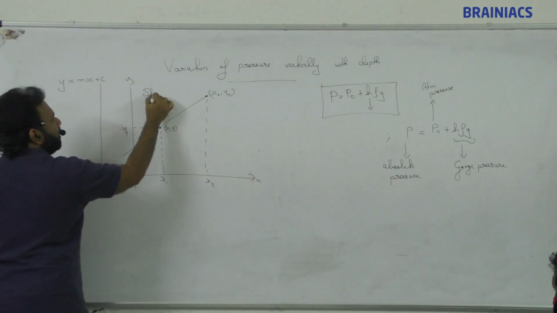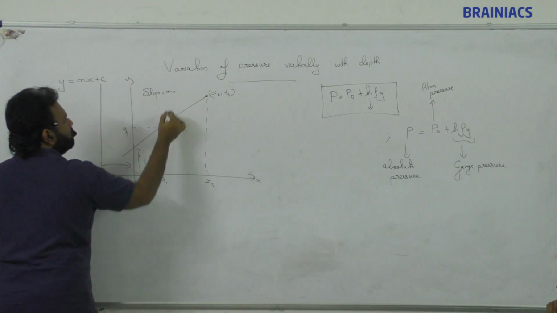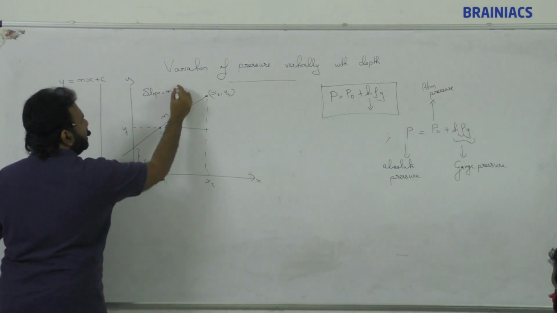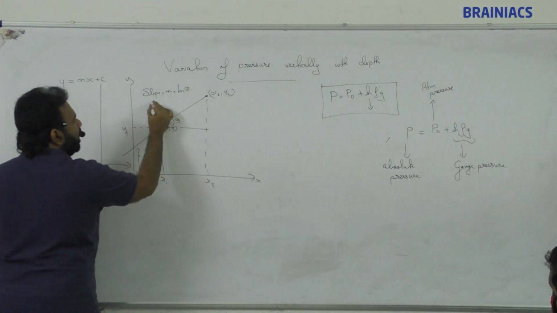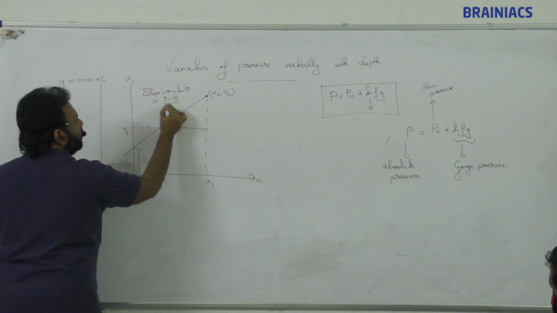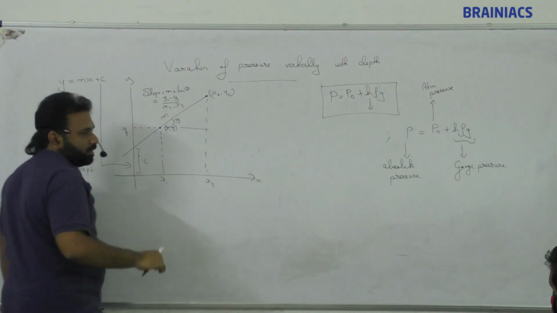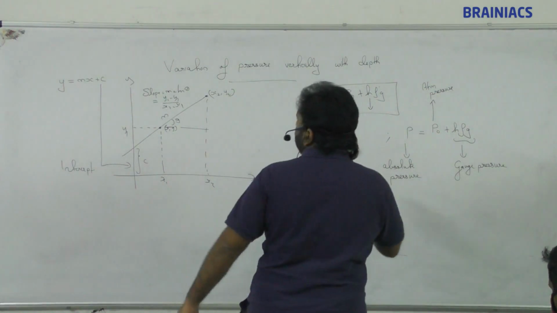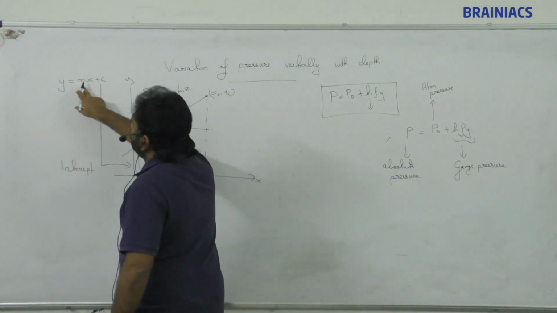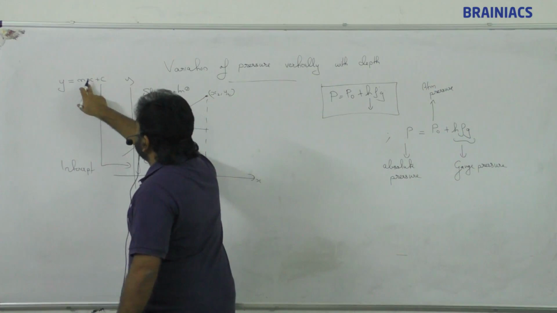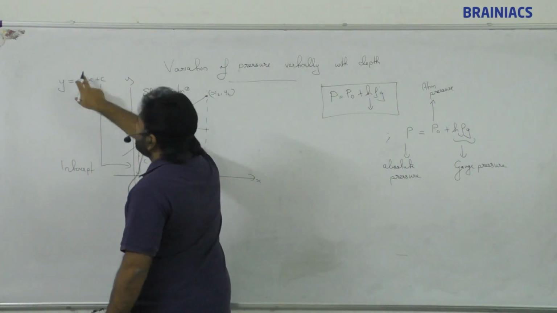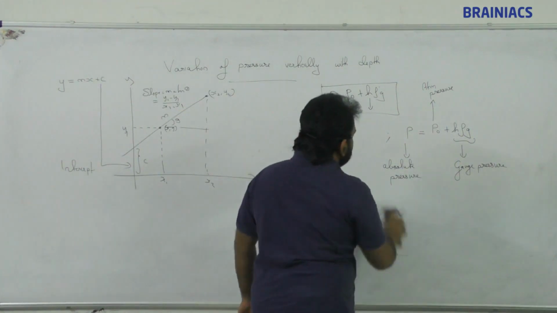So slope m is equal to tan theta, or y2 minus y1 divided by x2 minus x1. So this is the slope, the equation of a straight line. Very simple. y is on the y axis, x is on the x axis, m is slope, c is intercept.